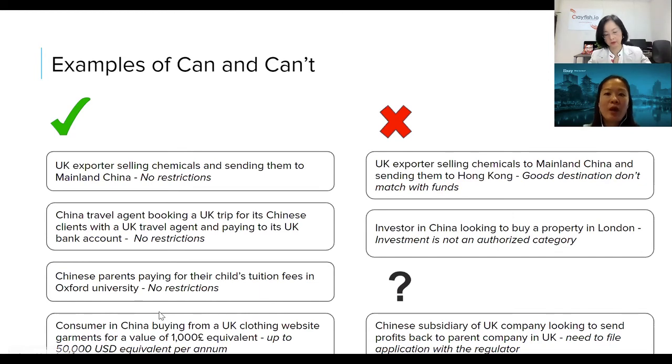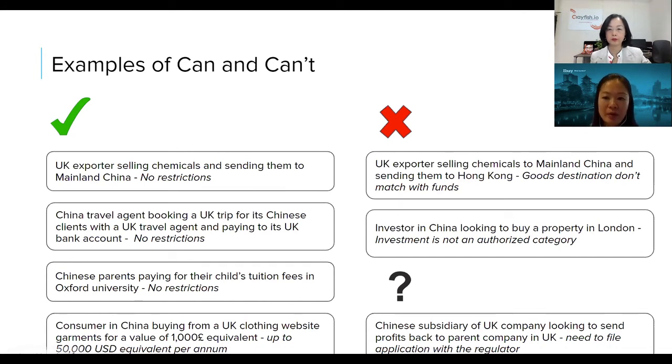But if you're a UK company that wants to receive an investment from an investor in China, this is not within the allowed categories of the Chinese regulator. That doesn't mean it's impossible to send the money out, but it does mean that your counterpart in China would need to go through a lot of paperwork and file a separate authorization with the Chinese regulator in order to get allowance for that.